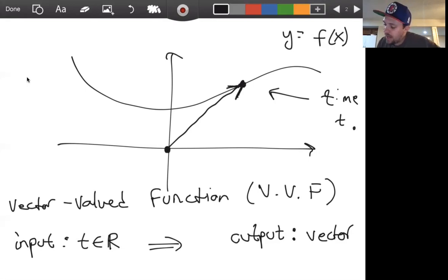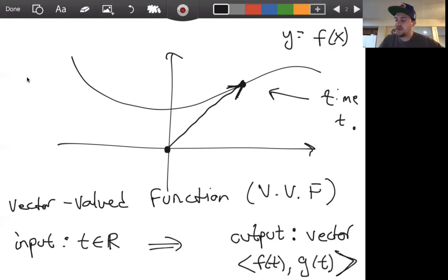And so we'll say the output is a vector given by f of t, comma, g of t, because x and y are both functions of t. You remember from parametric equations, when we parameterize a curve, both x and y become functions of t. And so our input is where we're at along the curve in terms of this parameter t, and the output is the vector from the origin to that point.